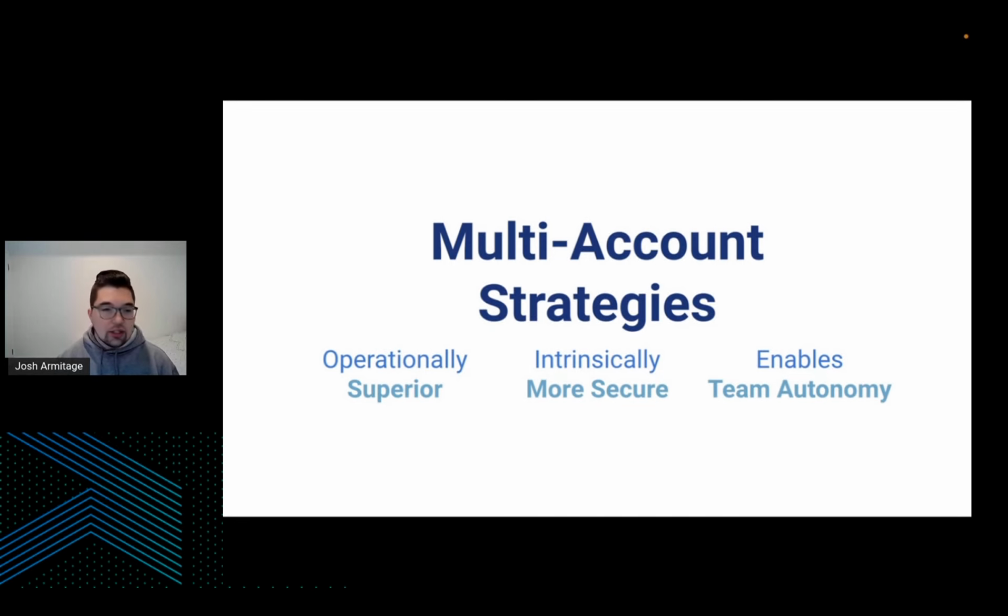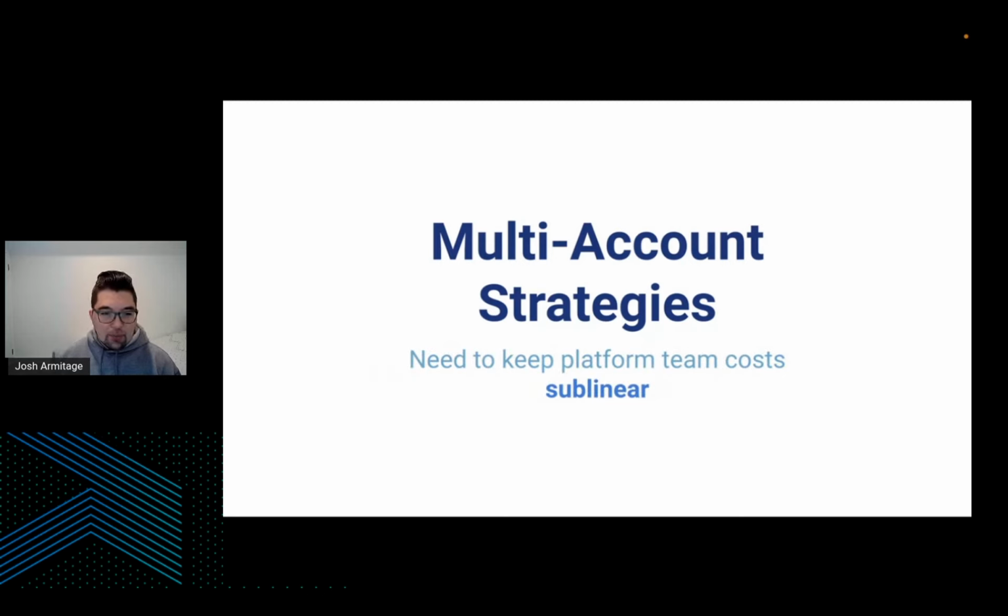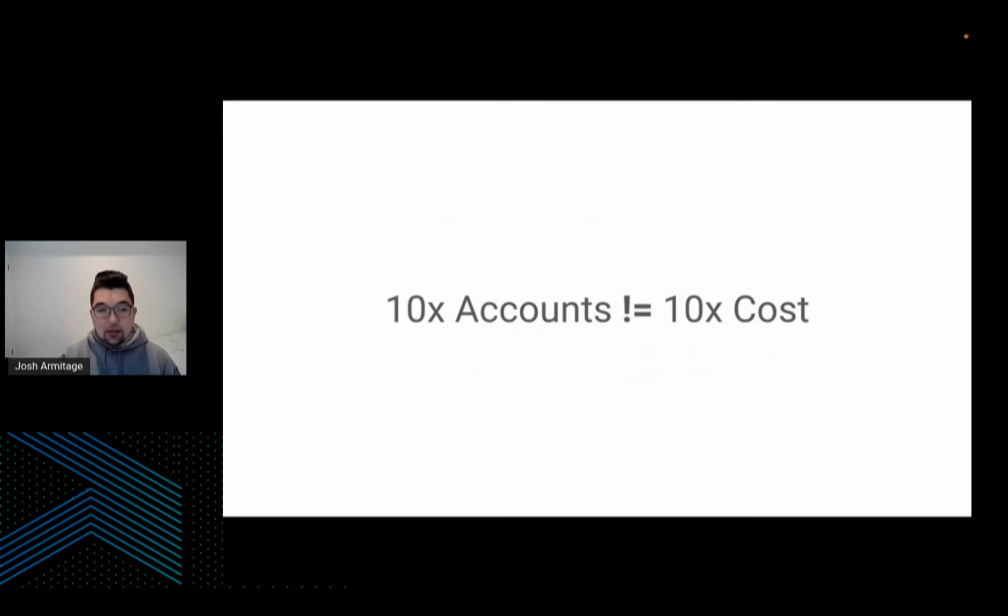So when you do this and all of a sudden you have many, many accounts, you want to keep the cost of the platform team, the team managing your landing zone, sublinear. If you scale your landing zone to 10 times the accounts, you don't want to need 10 times the number of people to look after it.